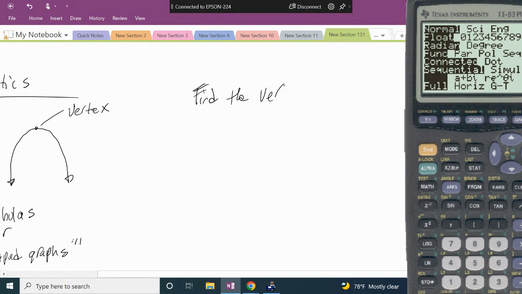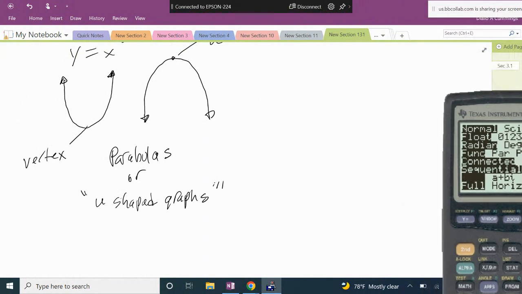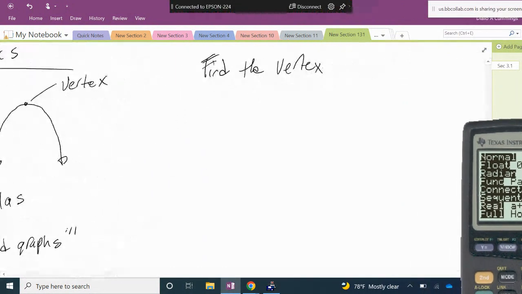So, find the vertex. We'll look at it three ways.